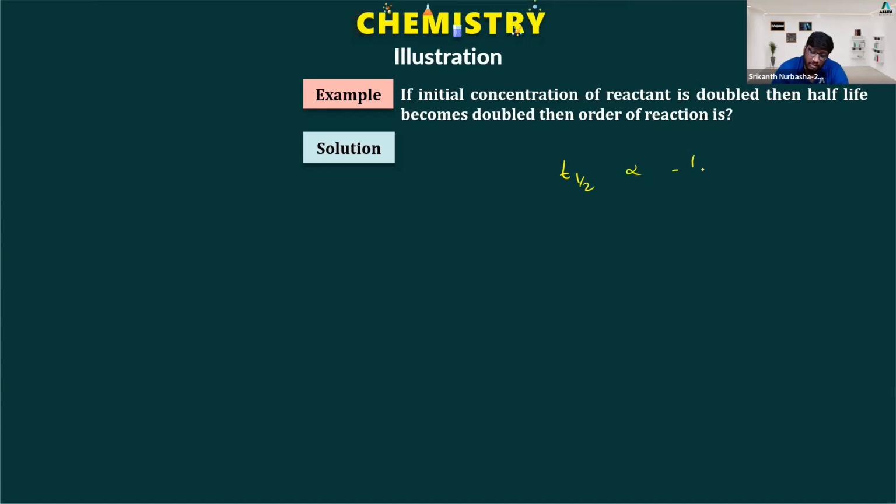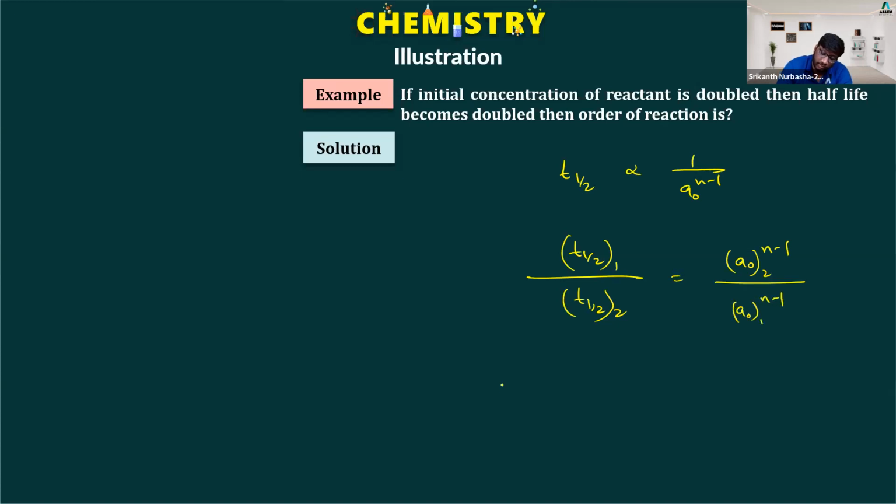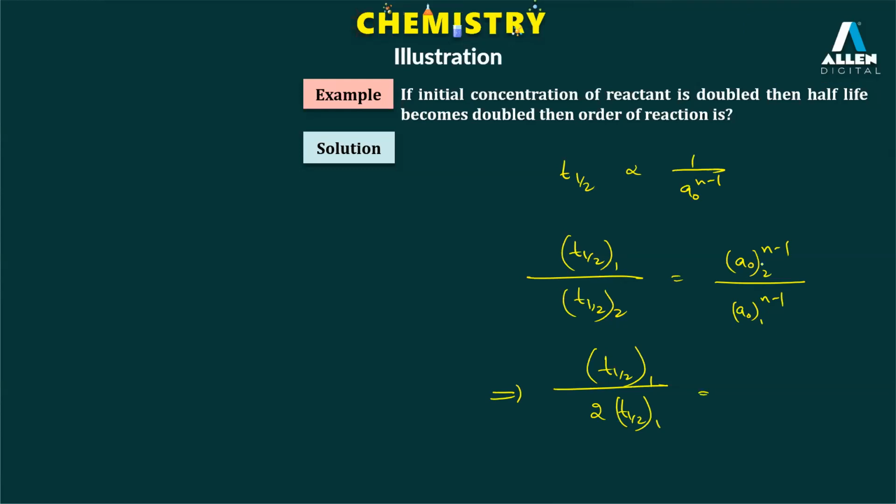T half is inversely proportional to initial concentration power n minus 1. So t half of the first case divided by t half of the second case is equal to A naught of the second case power n minus 1 divided by A naught of the first case power n minus 1. The second t half is 2 times that of the first, since the concentration has doubled.